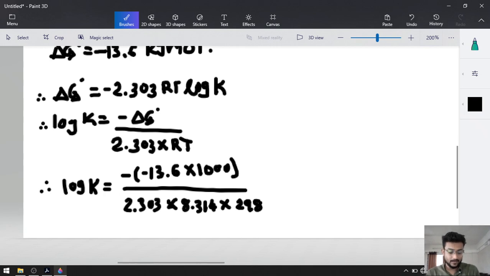Okay, let's calculate this in the calculator. So minus minus plus 13.6 into 1000 divided by 298, again divided by 8.314, again divided by 2.303.